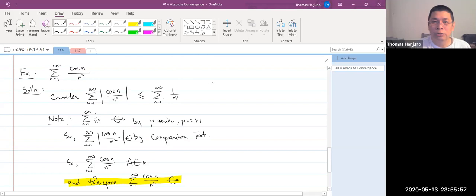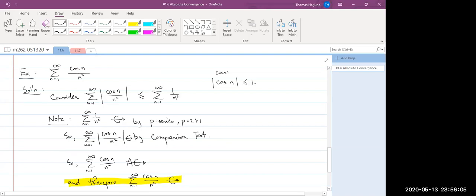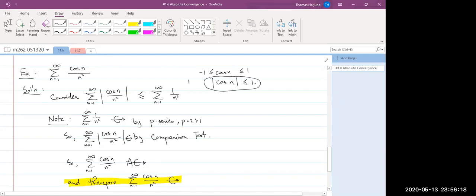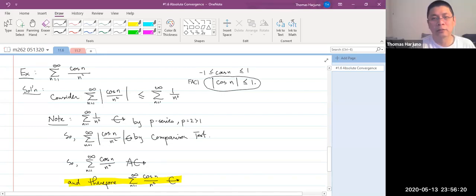Professor: Actually, you just need to show that the absolute value of cosine n is always less than or equal to 1. It comes from the fact that you just said, but that fact is way earlier than calculus 2, so you don't even need to show this anymore. This is something we consider a fact.